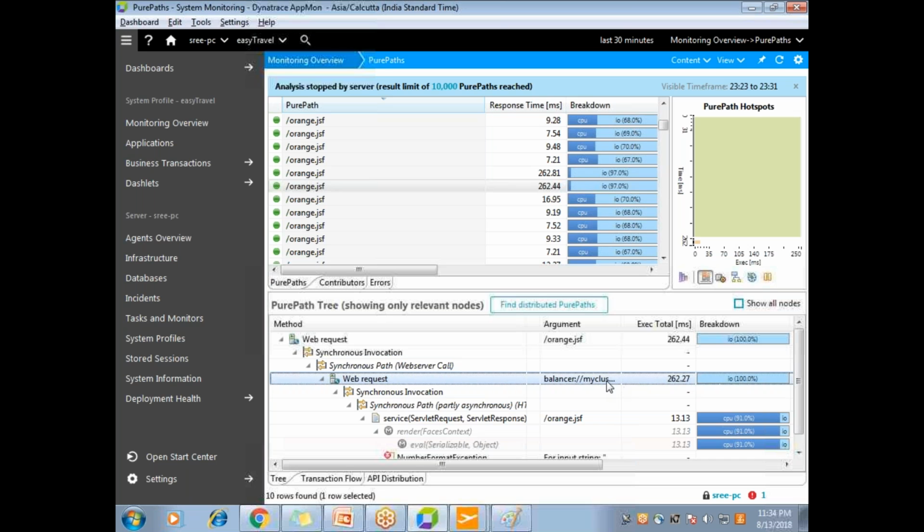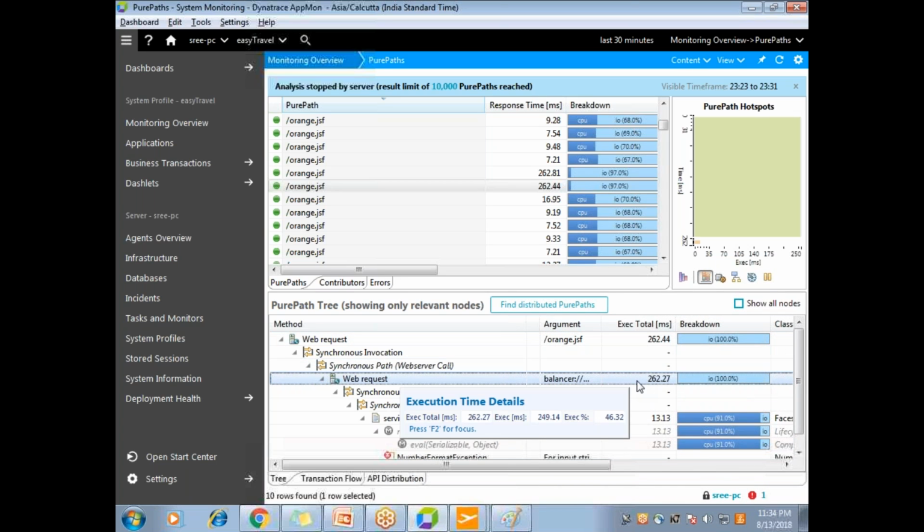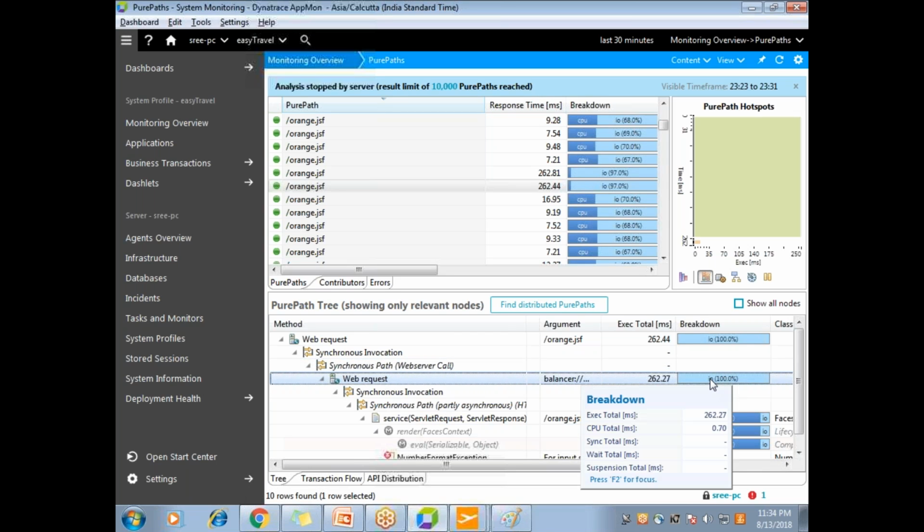Let me see. File cluster orange.json. So definitely this is abnormal. You need to give this information to the developer, saying that this is not right, it looks abnormal.